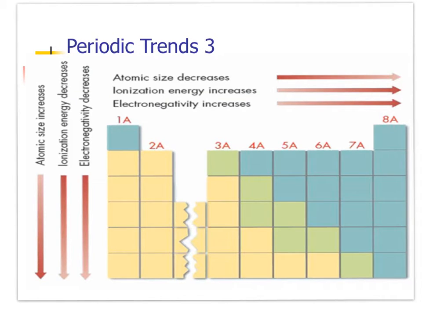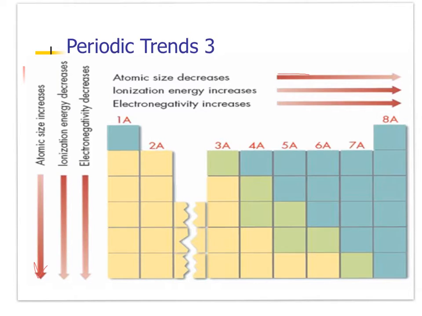Here's a bigger chart, and you can see based on how the shading happens what is increasing. As we go from top to bottom, the atomic radius gets bigger, therefore the shading gets darker as we go down. As we go from left to right, the atomic radius gets smaller and smaller, and therefore the shading gets less and less.